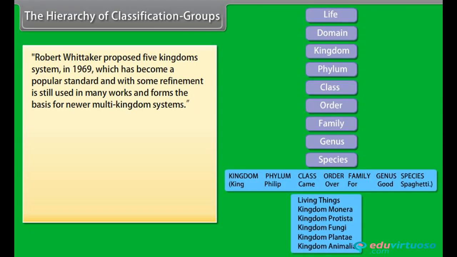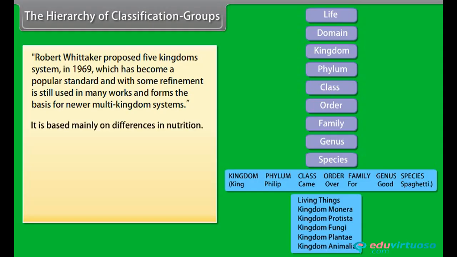Robert Whittaker proposed the 5 kingdoms system in 1969, which has become a popular standard and, with some refinement, is still used in many works and forms the basis for newer multi-kingdom systems.